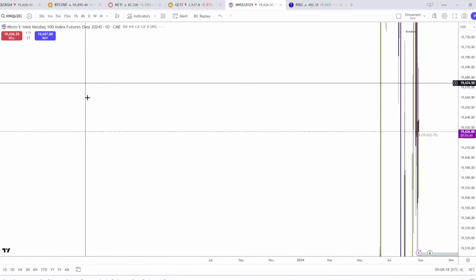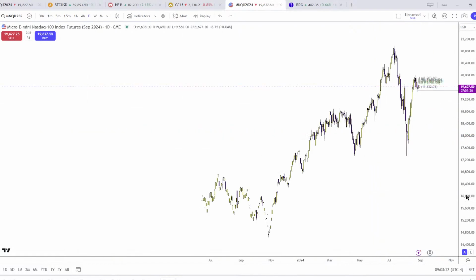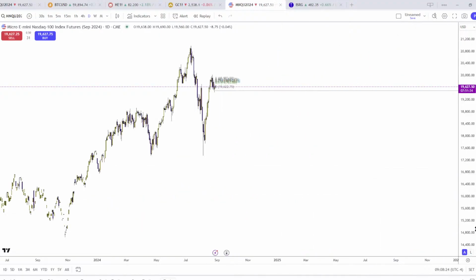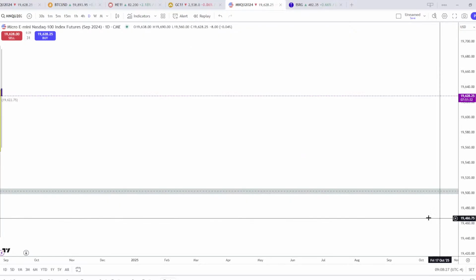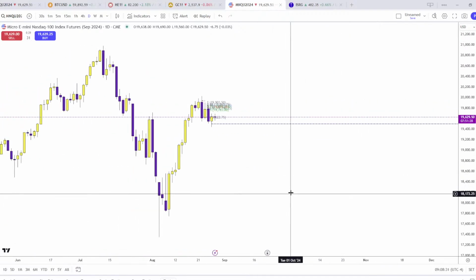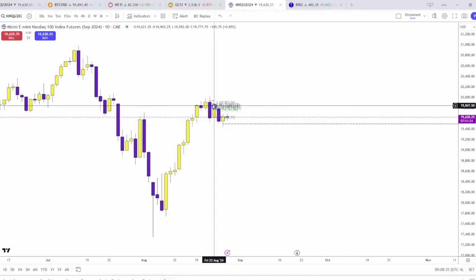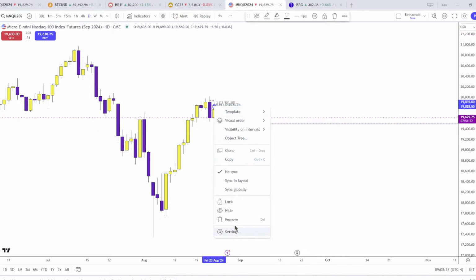Let's have a look at the NASDAQ on the daily. This is the daily chart. Let's get this guy here.